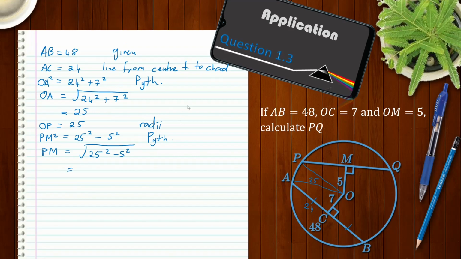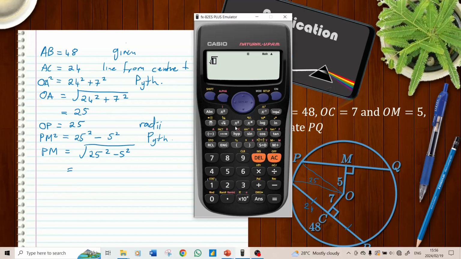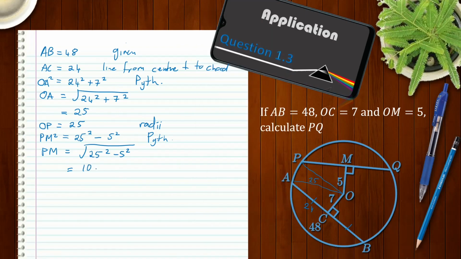And we put that onto the calculator, which is equal to 10 square root of 6. Now we know that OM bisects PQ, which means that PQ must be double this, so it's going to be 20 square root of 6.